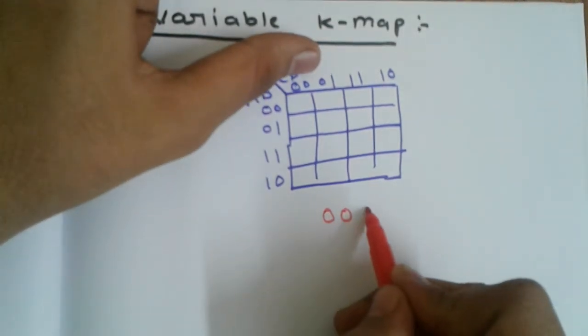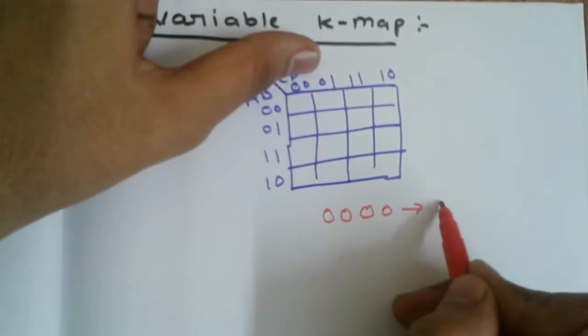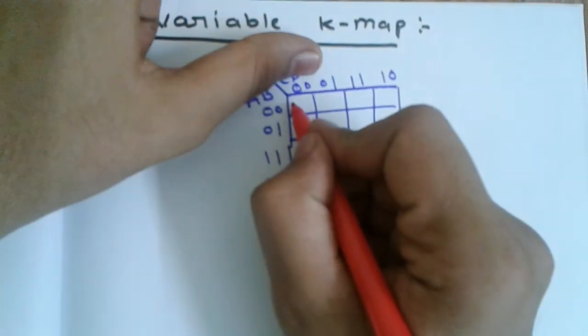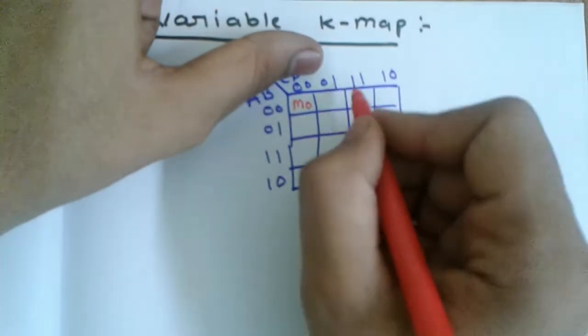00 and this 00. The decimal equivalent will be 0, so here will be minterm 0, and like that.